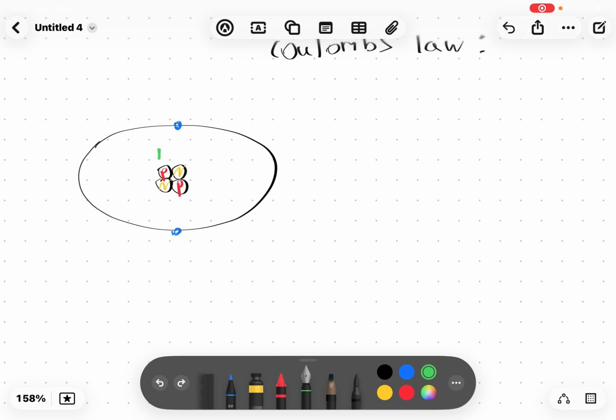Protons are positive. And then neutrons, I'm pretty sure, yeah, neutrons. They are charged neutrally, so they're neither positive nor negative, like zero. And then the electrons that go around this part are negative.